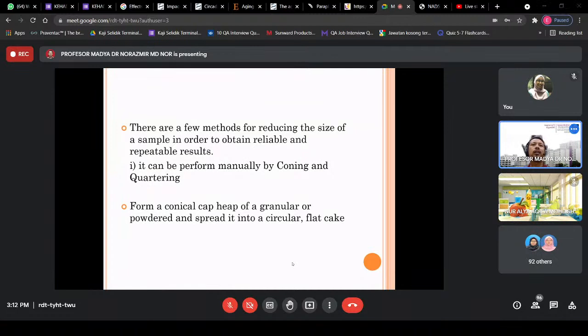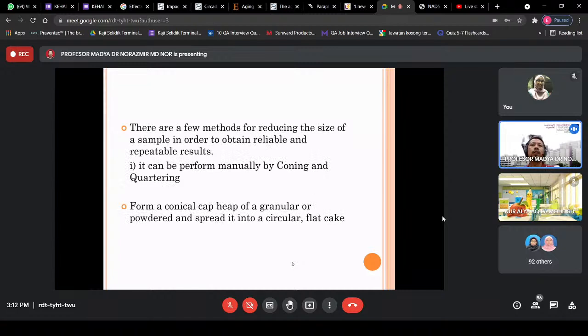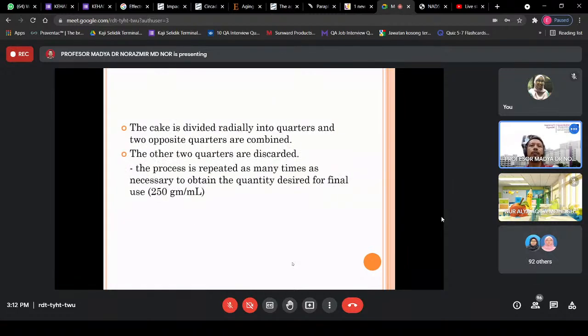We form a conical cap, a cone of granular or powdered sample, and spread it into a circular, flat cake shape. We put the sample in it, then spread it into the circle shape.